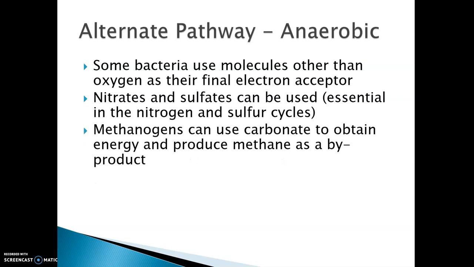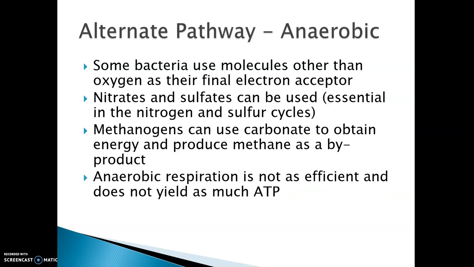Methanogens are bacteria that actually produce methane as a byproduct. Methane is natural gas, so we actually use methane in that way. So, it's another way that bacteria are actually utilized by humans to produce something they want, or we use something that they make.